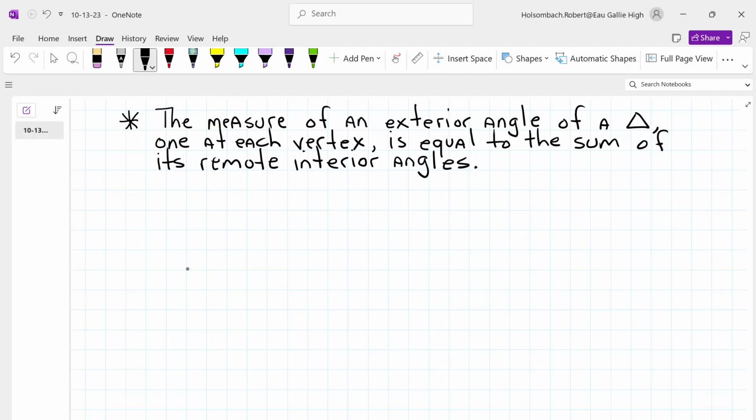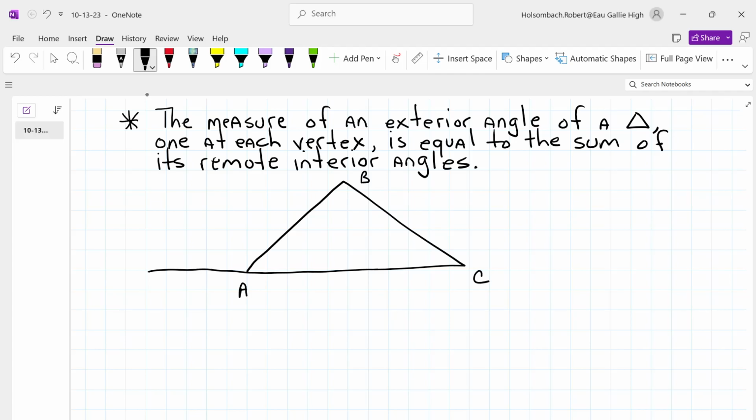So here's what we mean. We have a triangle here, triangle ABC. Everything inside the triangle is the interior. This angle 1 right here is called an exterior angle.